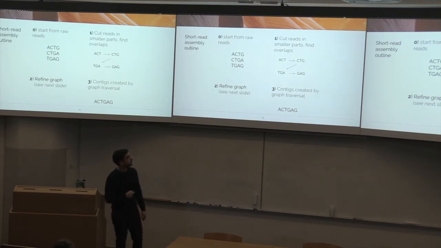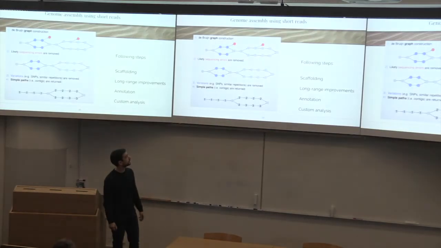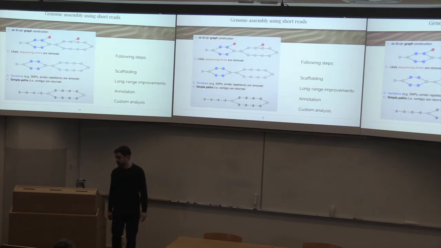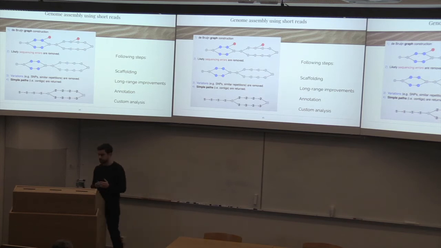I'll quickly zoom in a little bit into step 2, because I think it's a critical step. So the graph is constructed. It's typically a de Bruijn graph, and it contains 2 types of events. The red events correspond to sequencing errors, and the blue events correspond to variants, like SNPs, small indels, inexact repetitions.